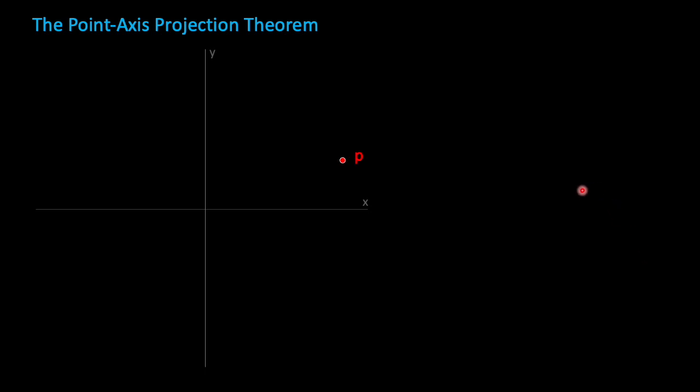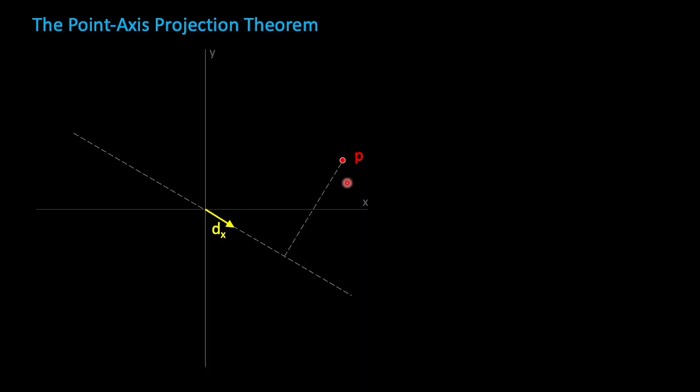And so just to restate, what the theorem says is we have a point P, and we have an axis which is represented by a direction vector as an alternate x-axis. So dx is the direction vector.